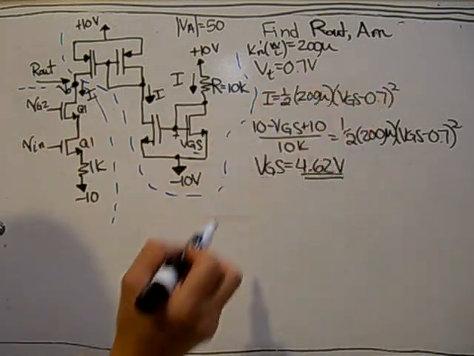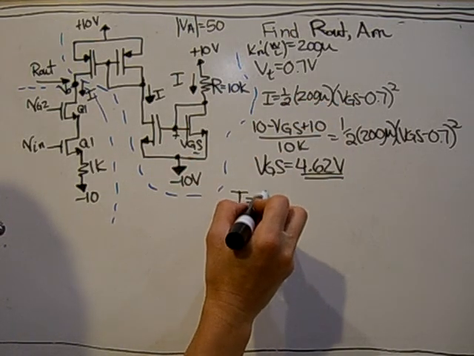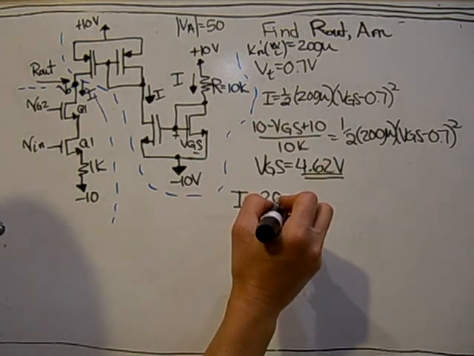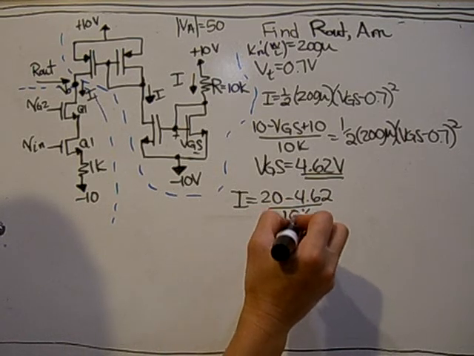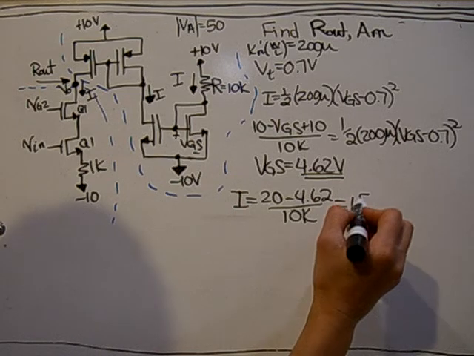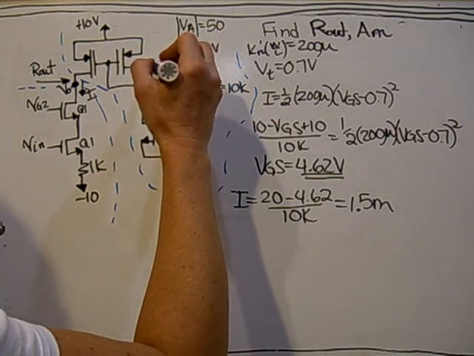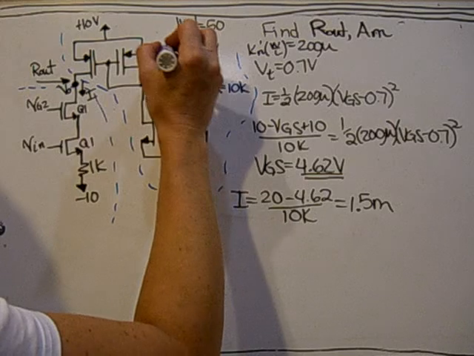So VGS, plugging it back into either one of these two will determine I. So I is 10 plus 10 minus 4.62 over 10K. And that gives a value of 1.5 milli for I. Put these equal 1.5 milli.